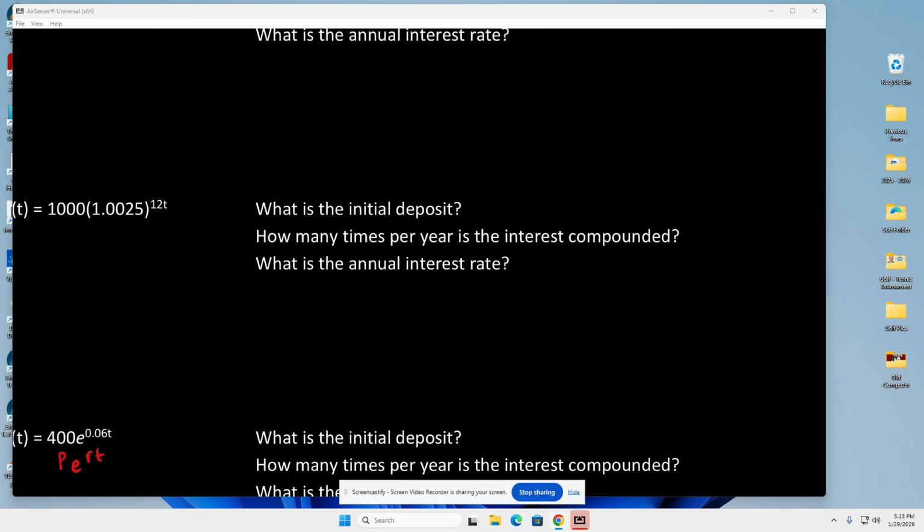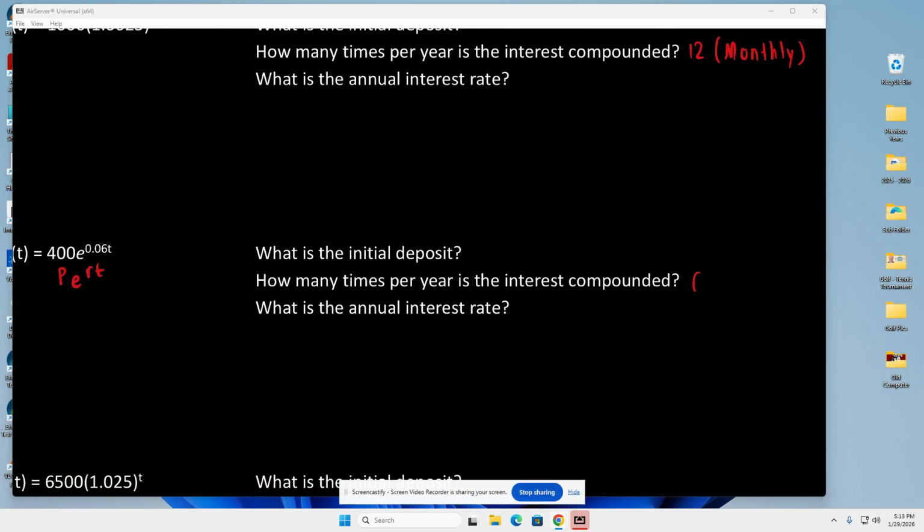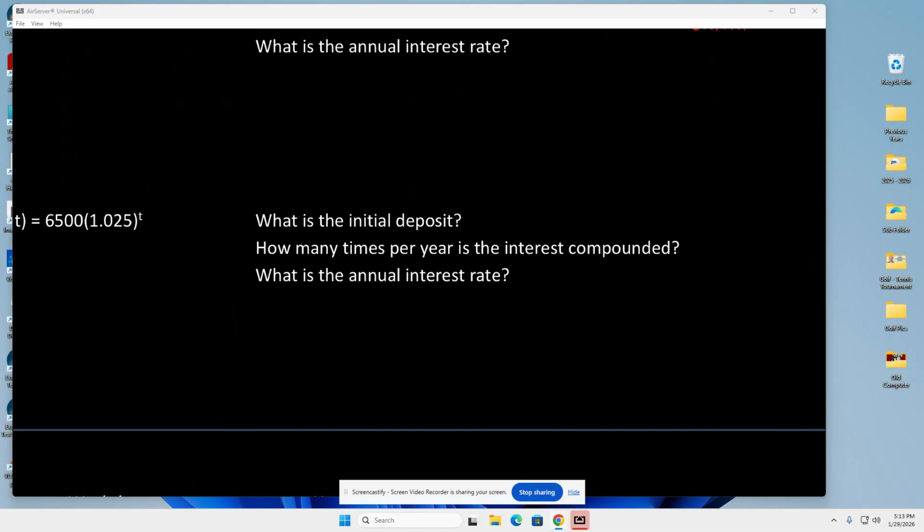So this is saying it's done 12 times a year, which is monthly. Of course, this one, it says how many times? Well, it's continuous, because it's e, continuously compounded. This one is a 1, so you would say it's annually. I hope that makes sense. Look, there's nothing next to it. It's understood a 1, so it's annual.